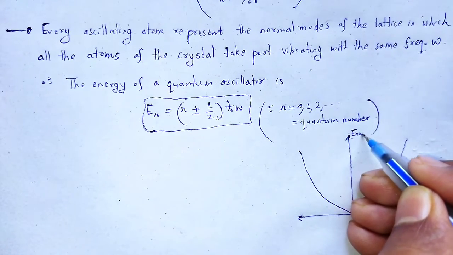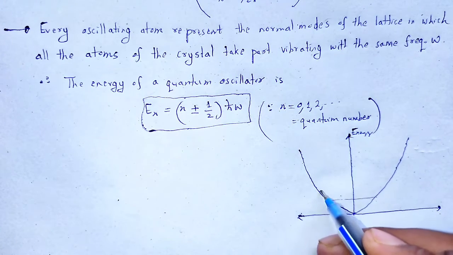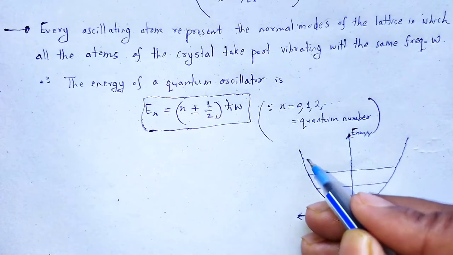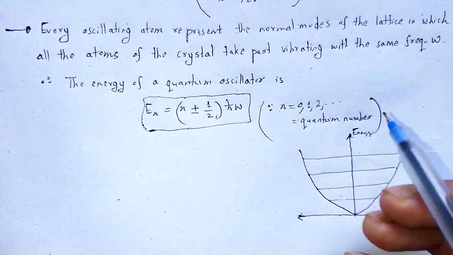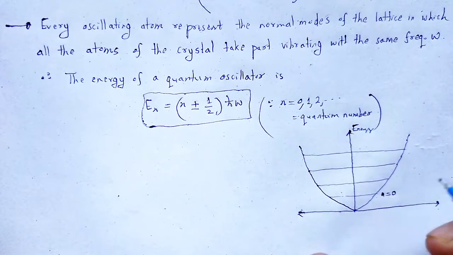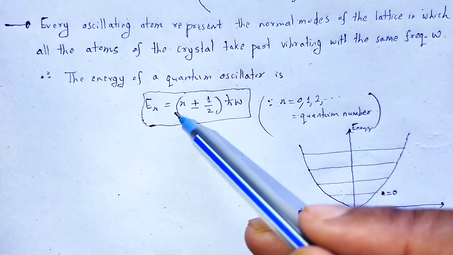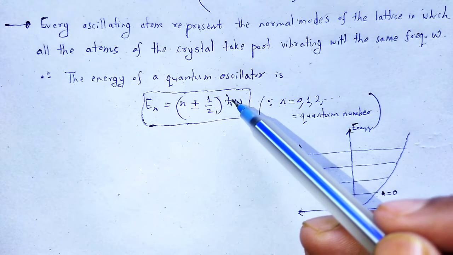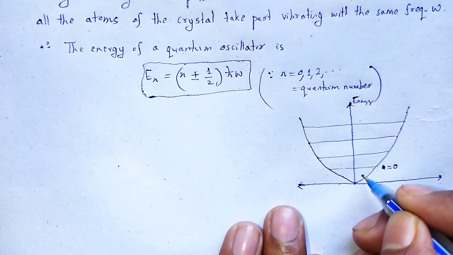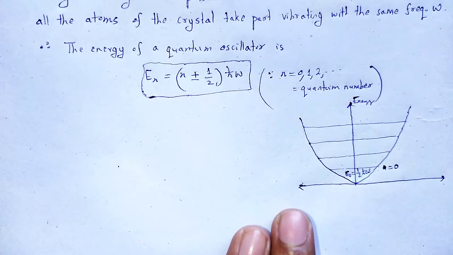When we put n equal to 0, we obtain E naught equal to half h cut omega.